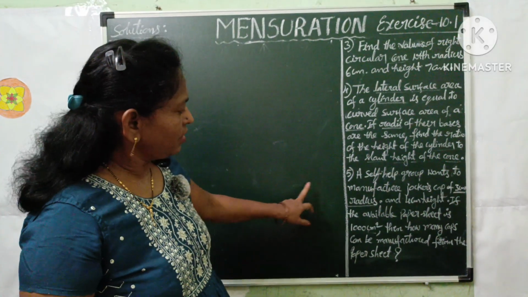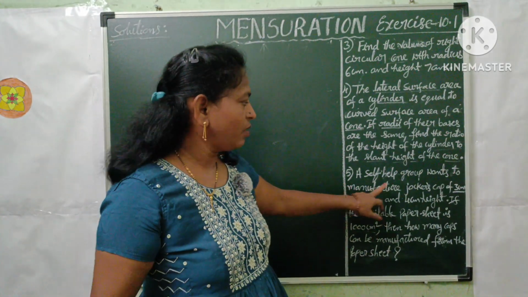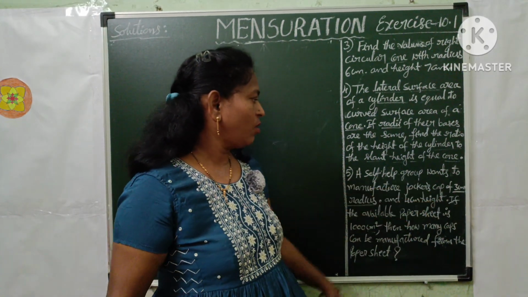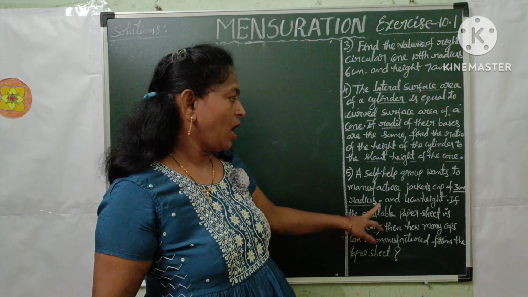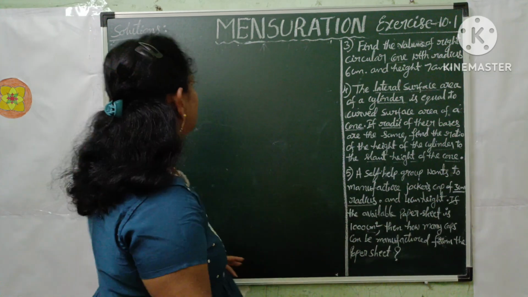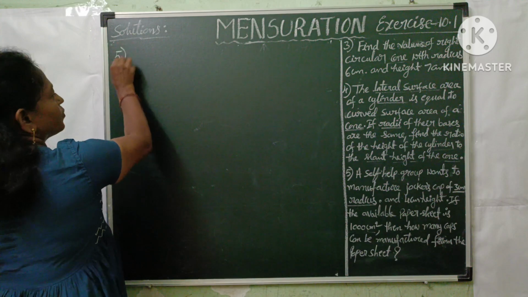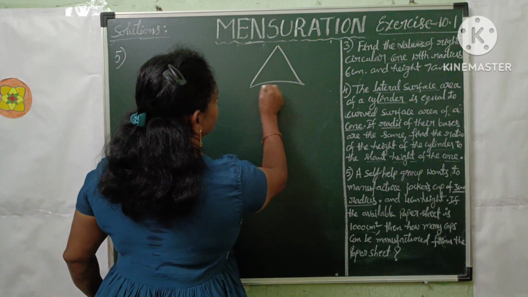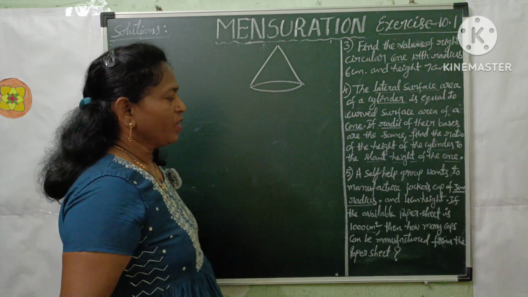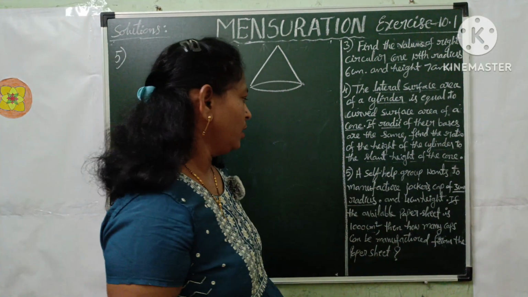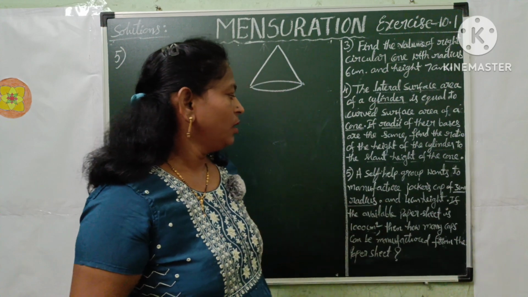The next question is: a self-help group wants to manufacture joker caps of 3 centimeter radius and 4 centimeter height. Here also, a joker cap is the shape of a cone. Self-help group means they are self-workers. They are manufacturing joker caps.